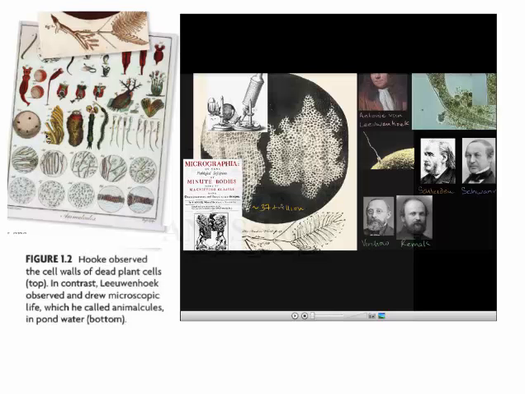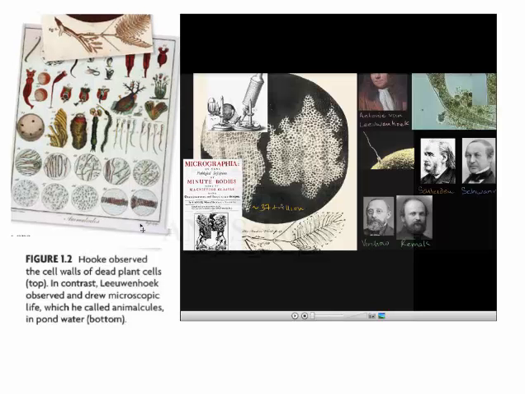If you look at the pictures here, you will see what these scientists were trying to draw. As we discussed earlier, our friend here, Anton van Leeuwenhoek, used to sketch everything that he used to see, and these are just some of the sketches. So Hooke observed cells of dead plant cells.